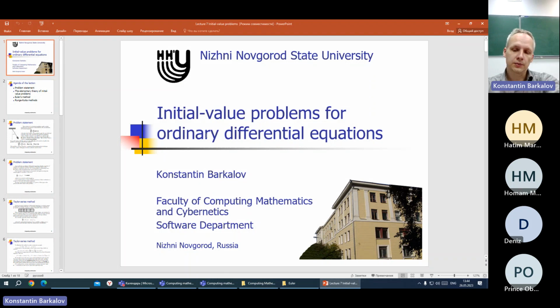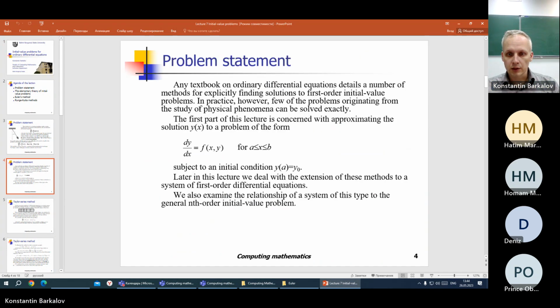Well, in the previous lesson we discussed numerical methods for solving initial value problems for ordinary differential equations. The general problem statement is written here.